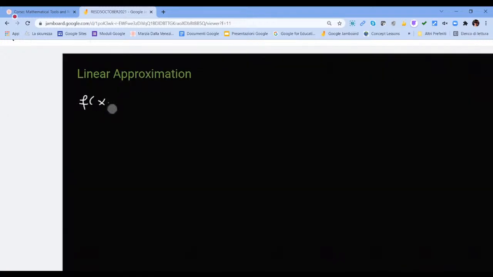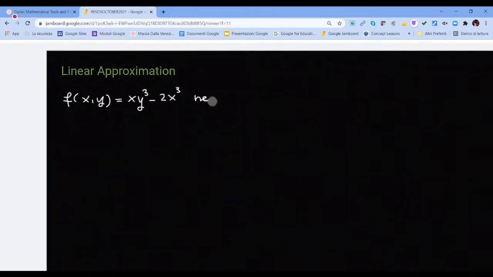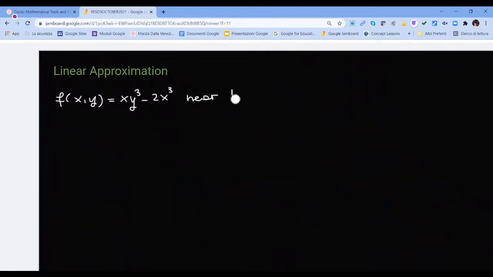I think this is another example from the book. f of x and y is x y cubed minus 2x cubed, and we should write down the linear approximation of the function f near the point P of coordinates x0, y0 equals 2, 3.